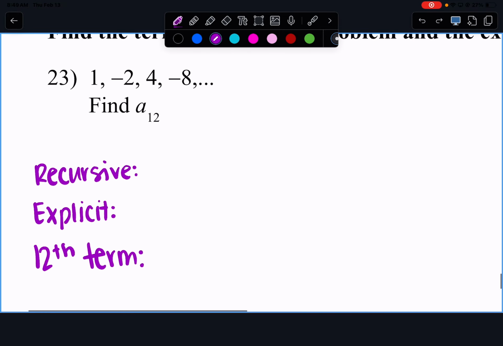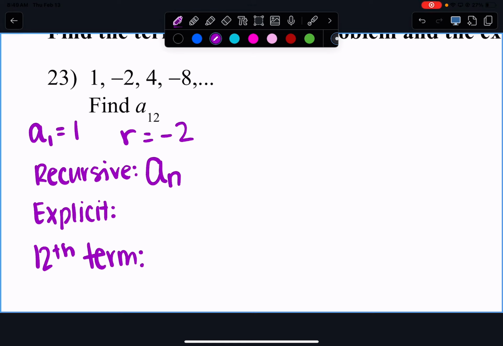So for number 23, what is our initial term? 1. What is our ratio? -2. So to write recursive, we do AN is equal to our ratio times AN minus 1.